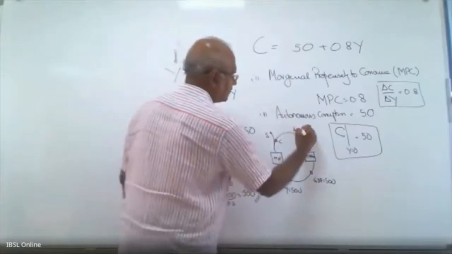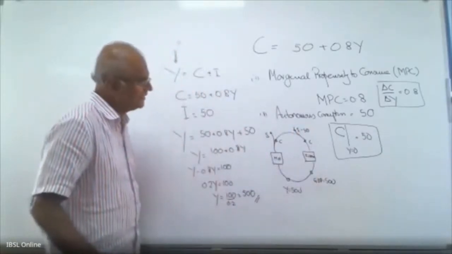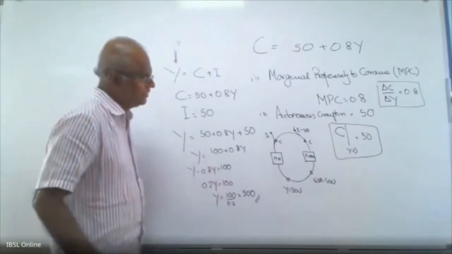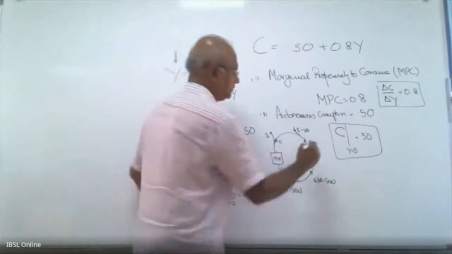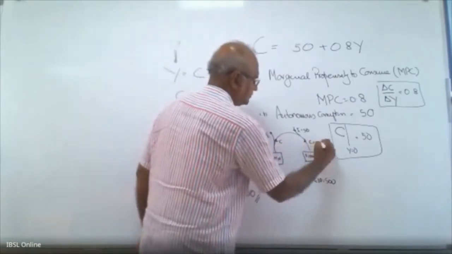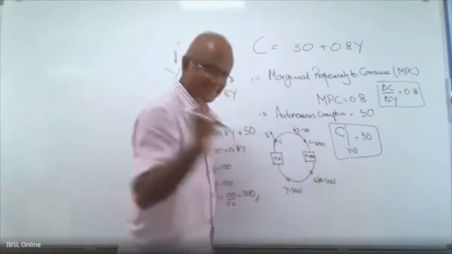Investment is 50. Out of 500, consumption should be 450. 500 equals 450 plus 50. Balance.